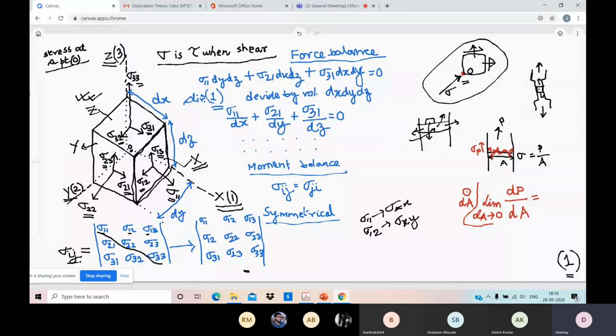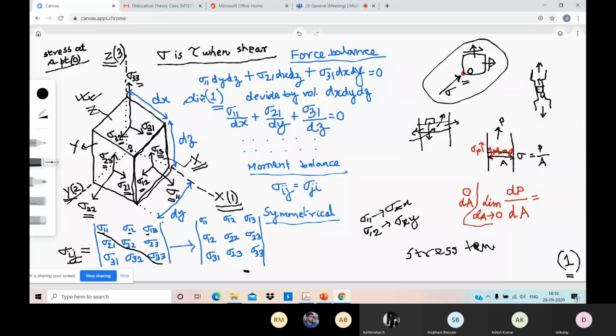And sigma ij is called the stress tensor. So in the form of a tensor notation, T-E-N-S-O-R, the stress components can be represented.